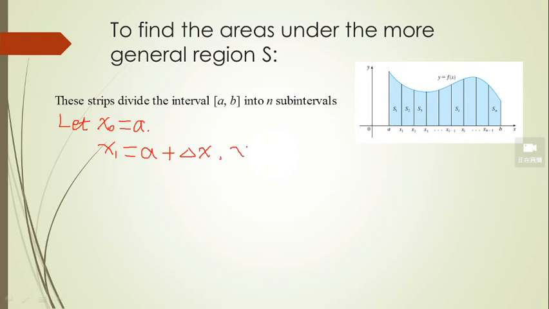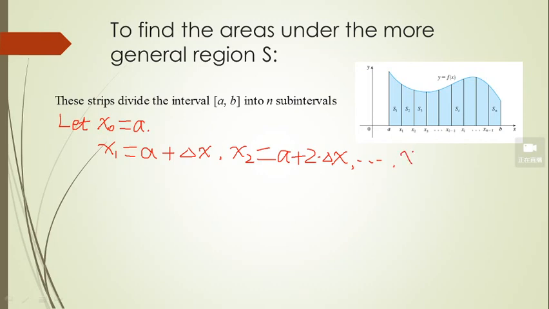How about x2? x2 will be a plus 2 times delta x. Or you can take it as x1 plus one more delta x. So x2 equals a plus 2 times delta x.